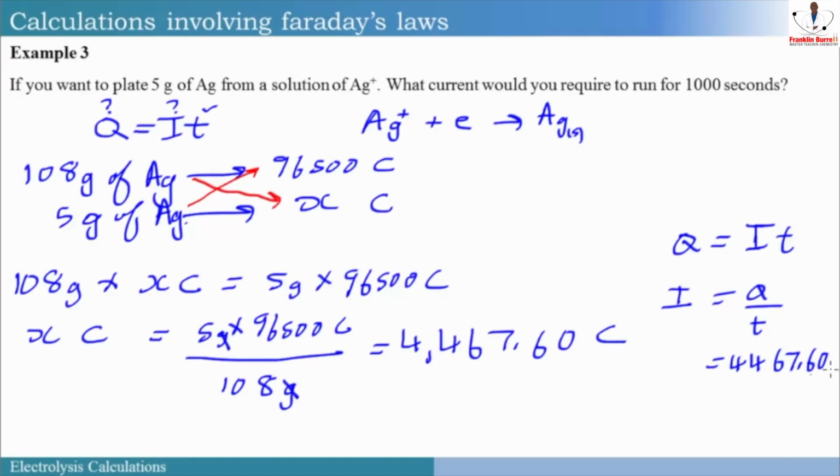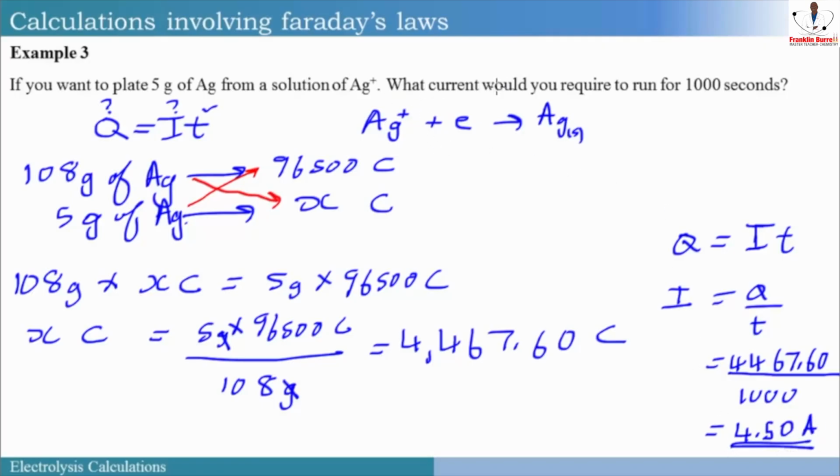4,467.60 divided by the time of 1,000 seconds. And so divided by 1,000, 1, 2, 3, our answer will be 4.50 amperes.